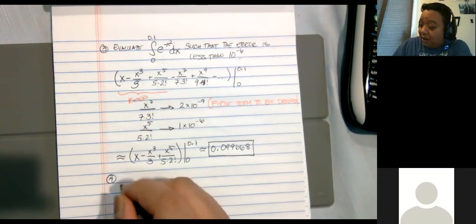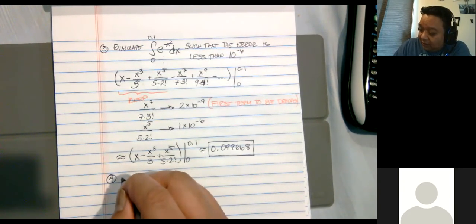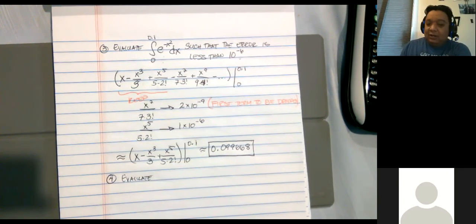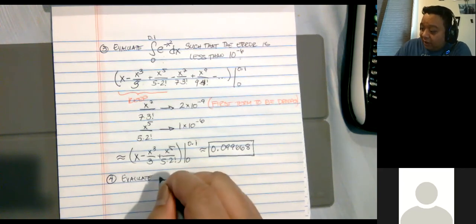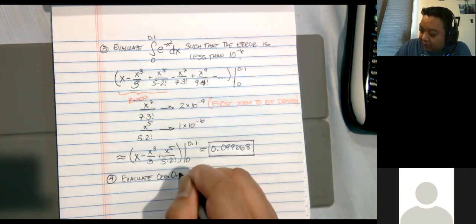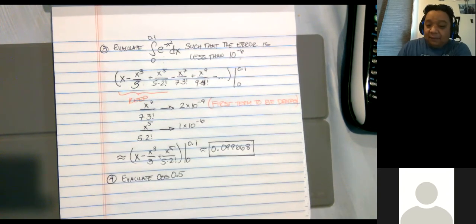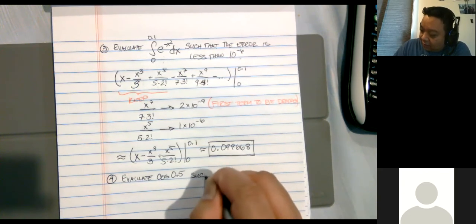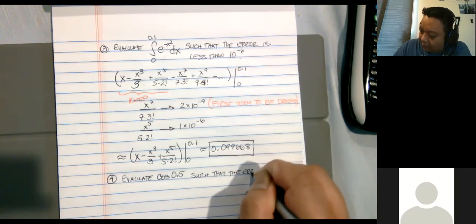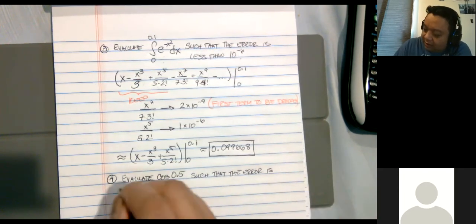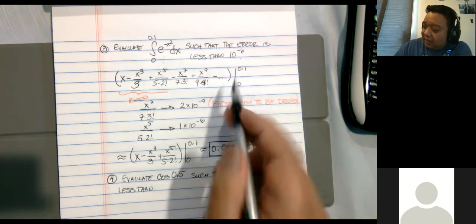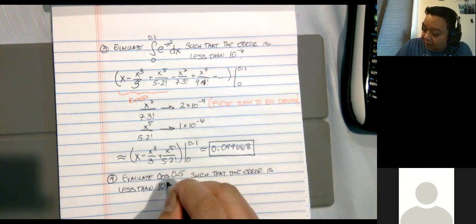I want you to approximate, so evaluate, cosine of 0.5 such that the error is less than, let's change the error to something else, 10 to the minus 7. This one has no integral, so you're not going to use any integral.